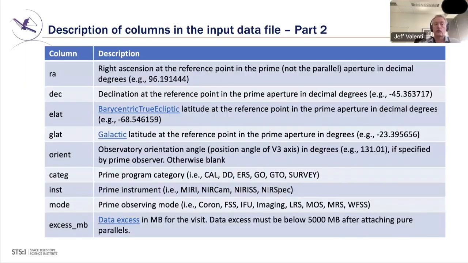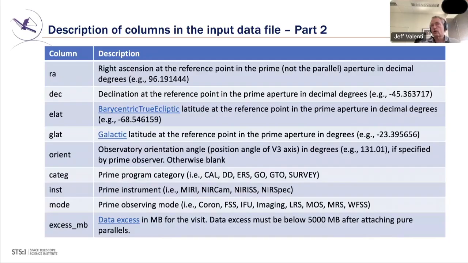There's the RA and Dec of the prime, which will be in an adjacent field. There's also the equivalent ecliptic latitude, which would be useful if you're trying to do a solar system survey of some sort, and galactic latitude if you're trying to do some galactic science.